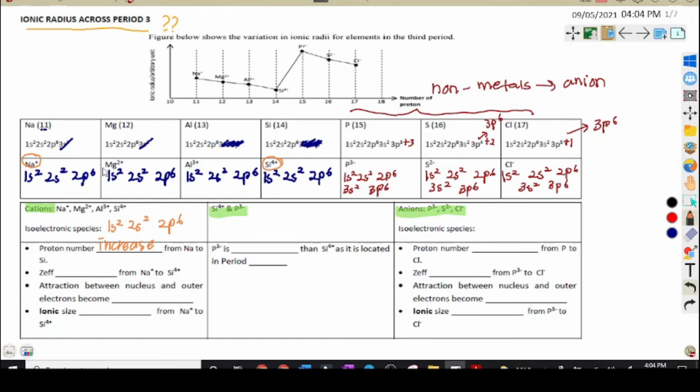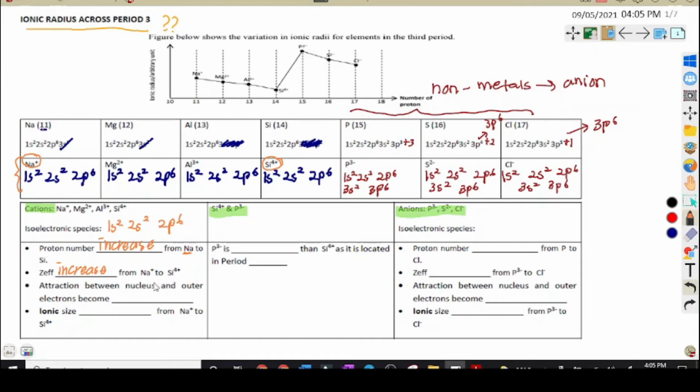Notice that we don't compare the electrons in the ion, because all the ions from Na+ to Si4+ have the same number of electrons, right? So you have to compare the proton number of the atom, from Na to Si. So what's going to happen to the Zeff? The effective nuclear charge is going to increase from Na+ to Si4+.